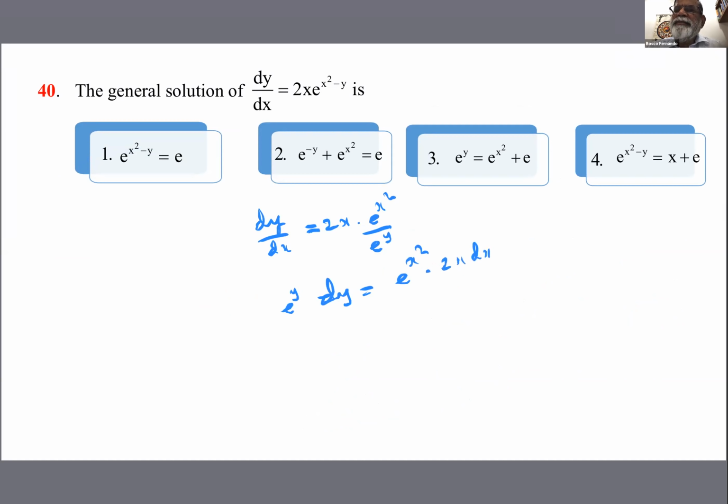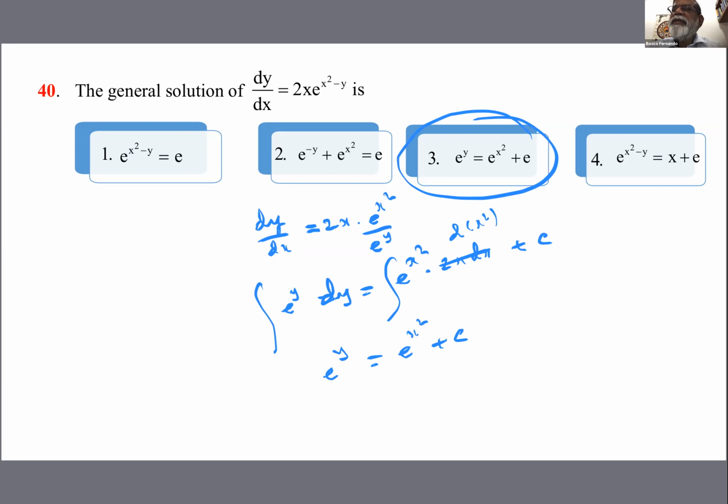So integrating, e power y is the integral of e power x squared into 2x dx plus c. This is d of x squared, e to the power t dt, so e power x squared plus c. So this is available in option number 3.